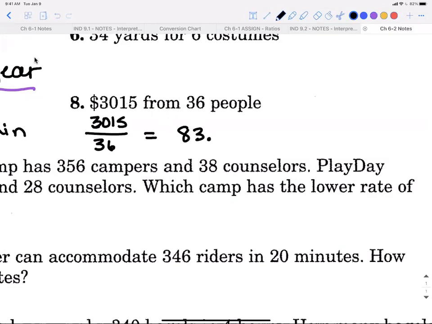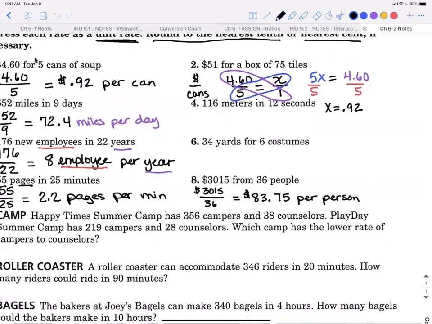Well, we need it to be money. So remember change, you always have 2 decimals. 75. And remember, this is dollars. So it's $83.75. What? Per person. Good. Every single answer needs to have per in it.